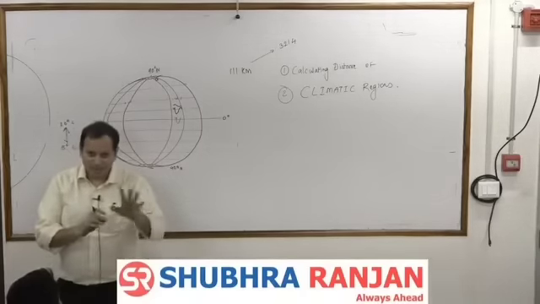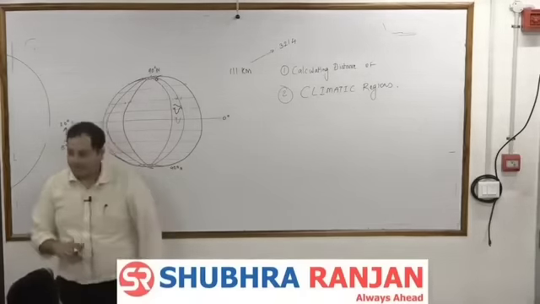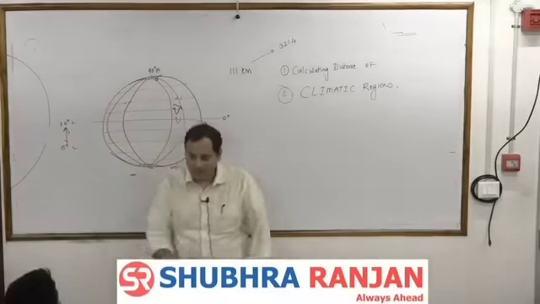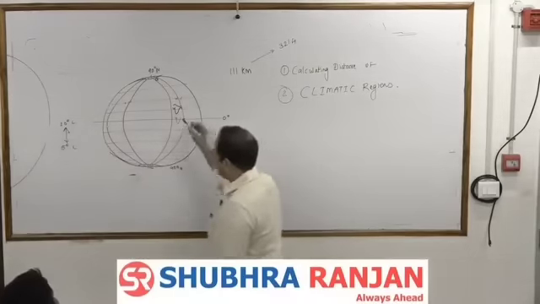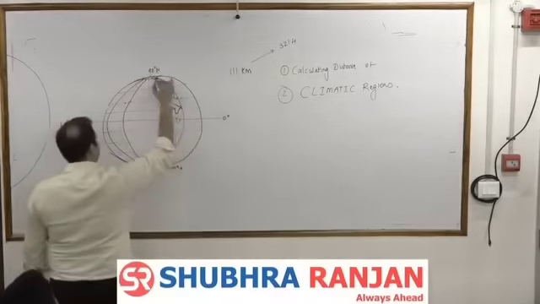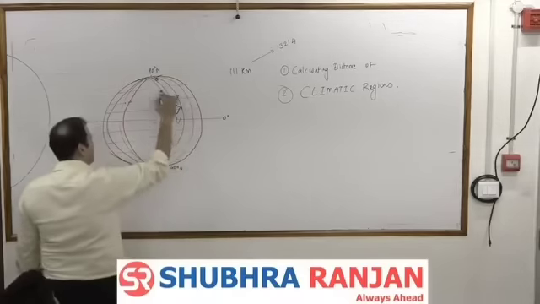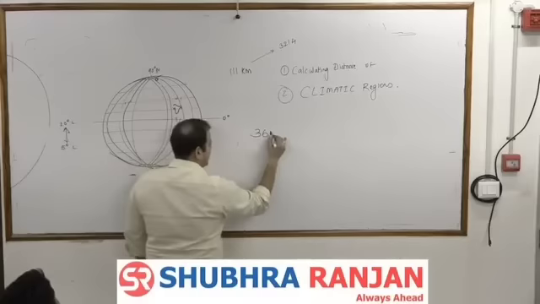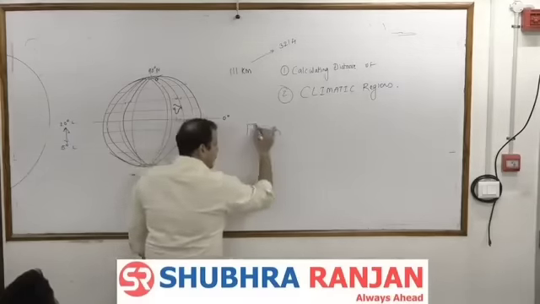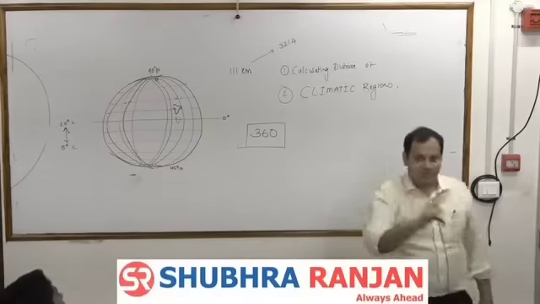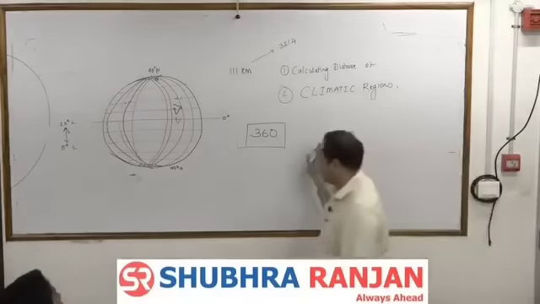Not just location, it is time. Because the earth is rotating from west to east. So the earth can be divided into how many longitudes? In how many longitudes can you divide a circle? 360. So the calculation: how much time does it take for Earth to complete one rotation? 24 hours.